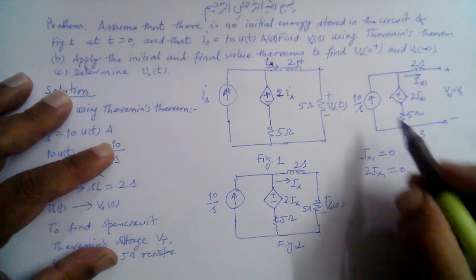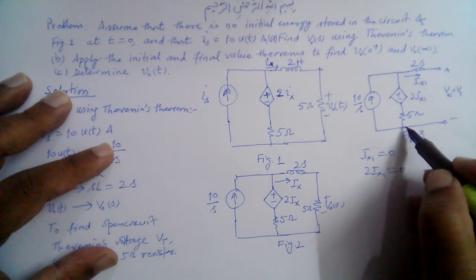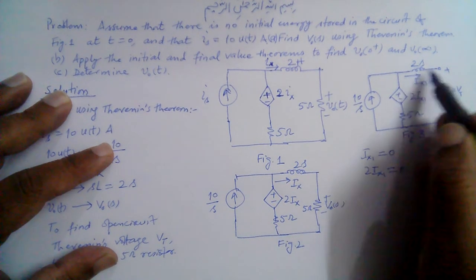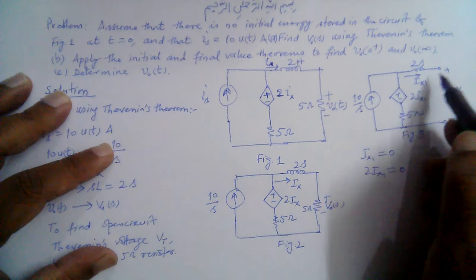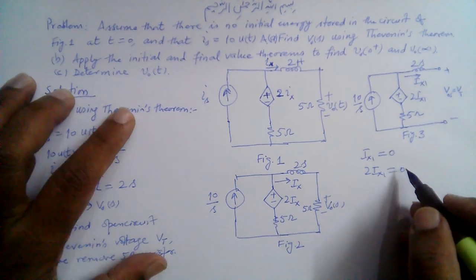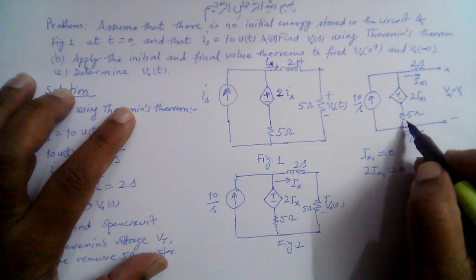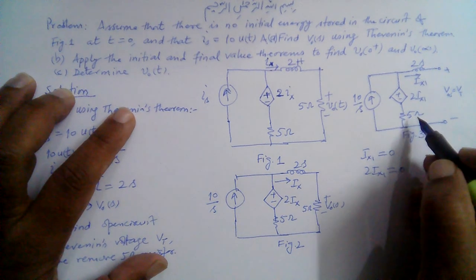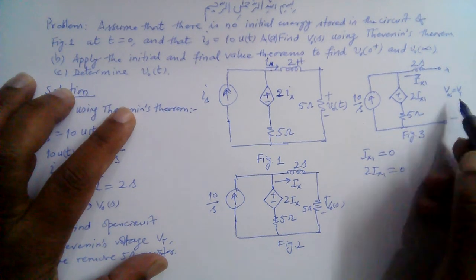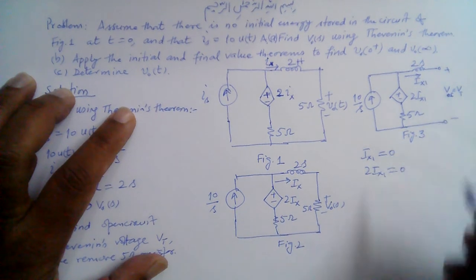So all this current 10 over S flows through this 5 ohm resistor, and there is no current through this inductor. So all the voltage drop is across this 5 ohm resistor, and the voltage drop across this resistor is the open circuit voltage, which is the Thevenin voltage.